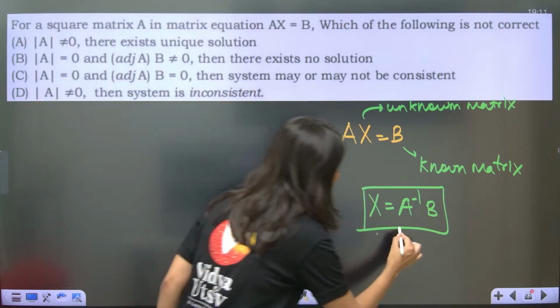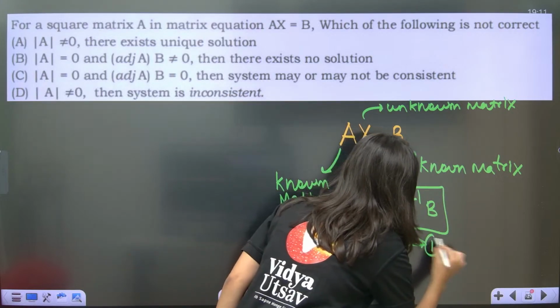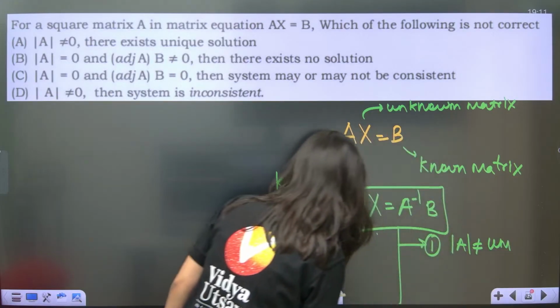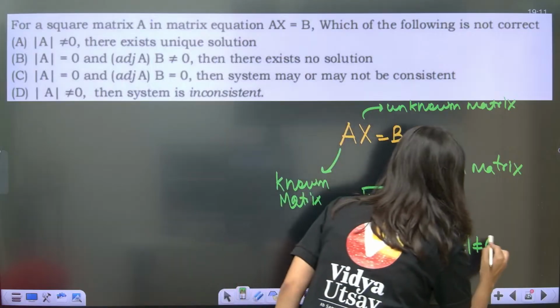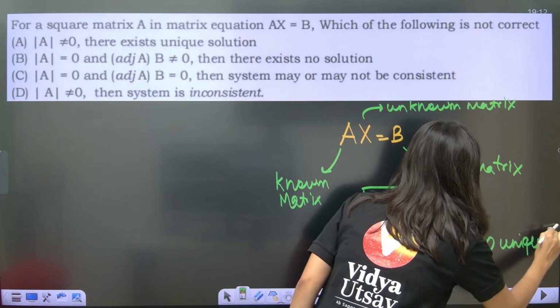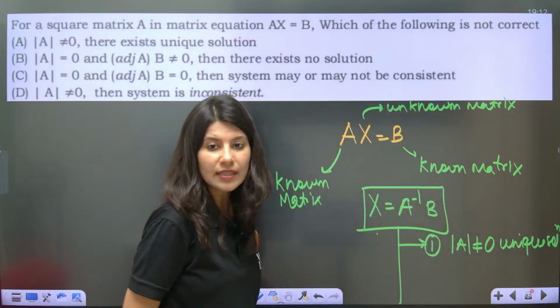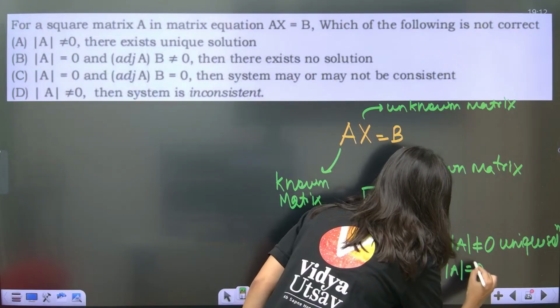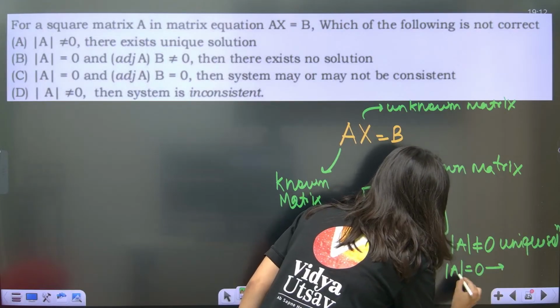So there are three possibilities. Number one, if determinant A is non-zero, then there is a unique solution. Second, if determinant A equals 0, then there are two possibilities.